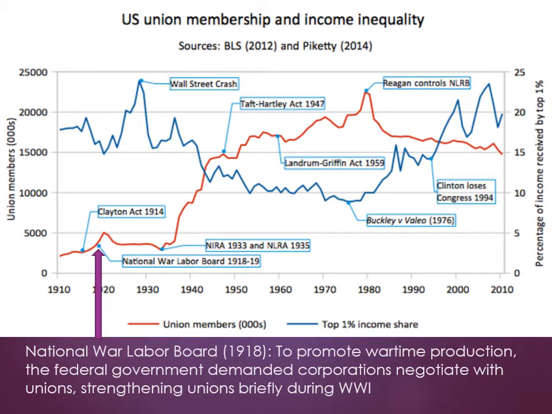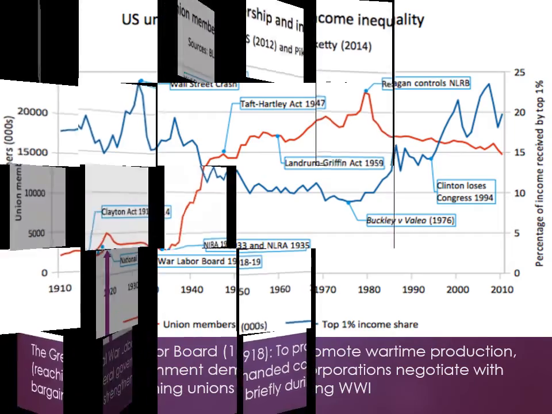And this strengthened labor unions. And look again, the numbers of union members goes up during the World War I period. Now that would change though if you look at that slight decline after the war in the 1920s when corporations gained the upper hand.